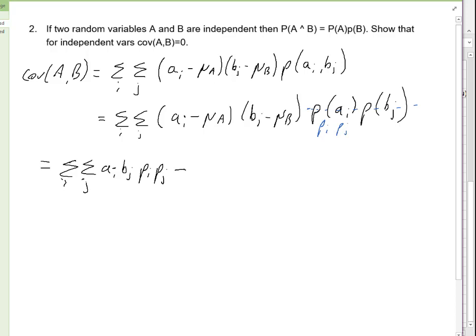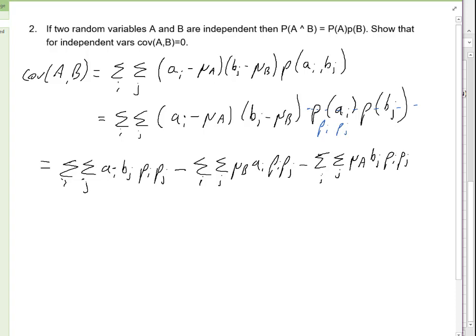Then you're going to get minus mu_B times A_i, so that's this one times this one, times P_i P_j, and then symmetrically the same thing, but this time mu_A from here and B_j, again times the same two probabilities.